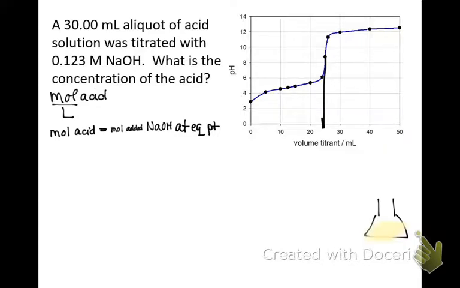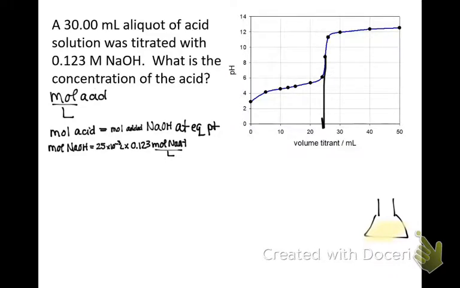So for the NaOH, the moles of NaOH is going to be 25 milliliters, or 25 times 10 to the minus third liters, times the concentration, 0.123 moles of NaOH per liter.